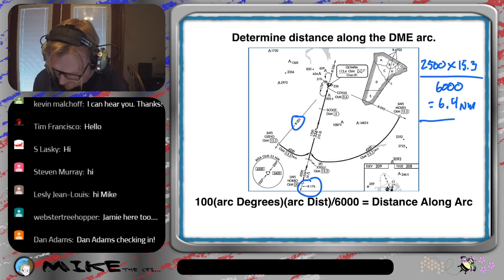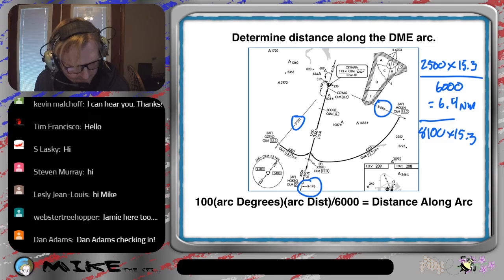Looking at the second one here, we've got 95 degrees there and 176. So if we find the angular difference, that gives us 81 degrees times 100. So we'll add our two zeros in there. Multiply that by 15.3 gives us 123,930.